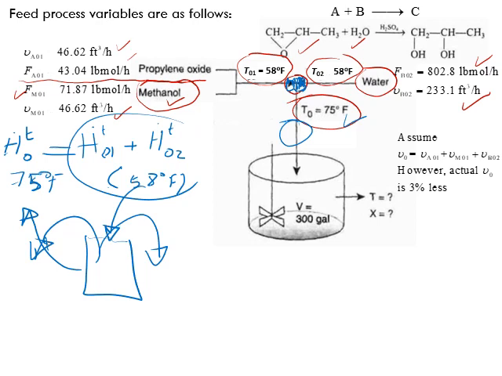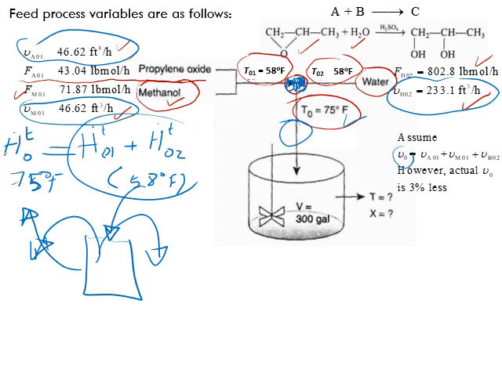Well, we know that it's a non-ideal solution, so we know that the volumetric flow rate is not additive. In other words, epsilon naught cannot be calculated from epsilon A01 plus epsilon B02. We cannot simply add the volumetric flow rates here, tamam, to get the total volumetric flow rate here.